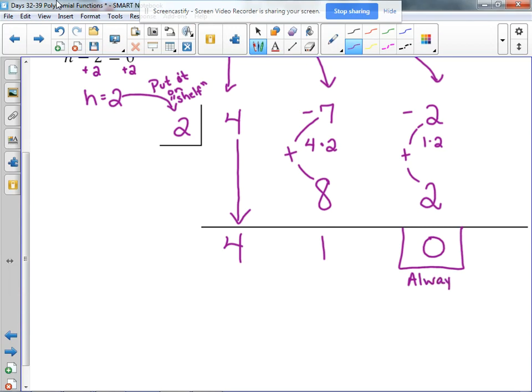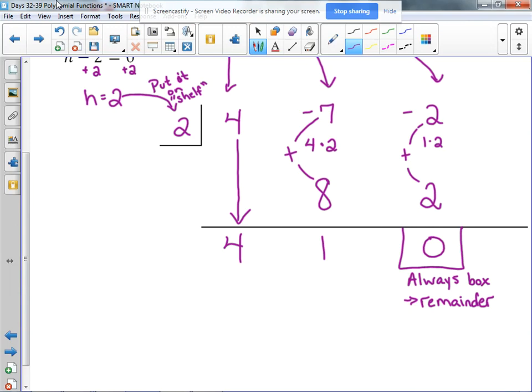Okay. We always box that, and that is our remainder. That's the remainder to this problem. You remember, anytime you do division, it either divides evenly or it does not divide evenly, and you have a remainder. So in this case, we've got 0, so that means it divides evenly.